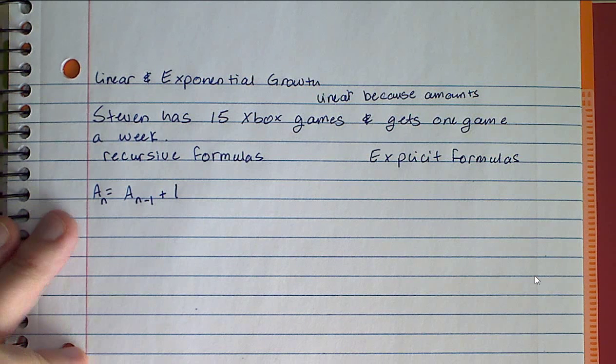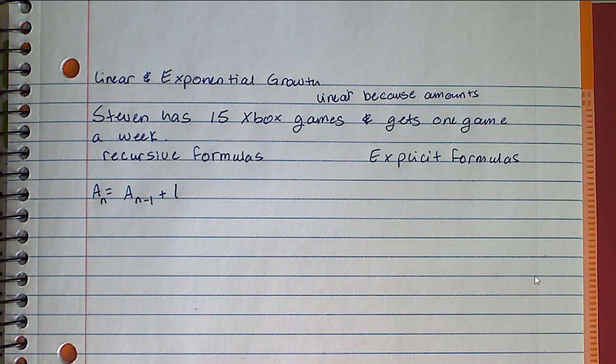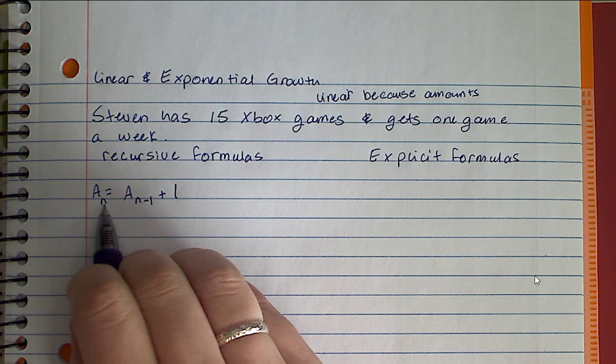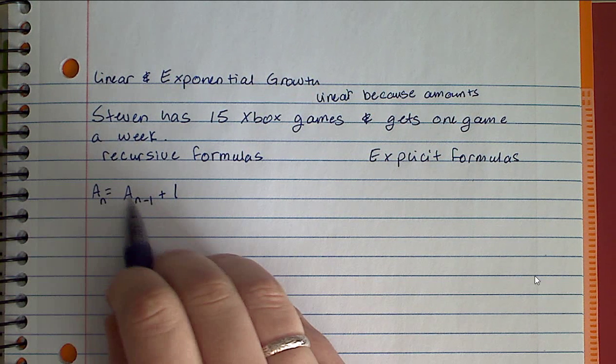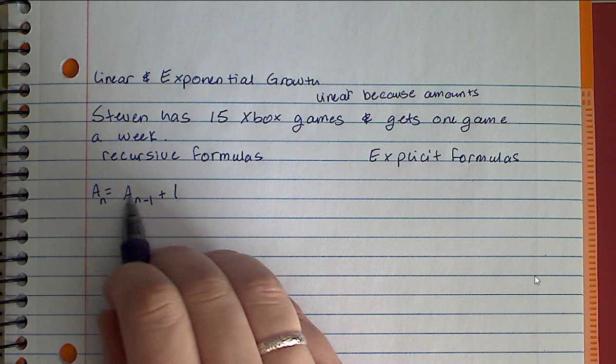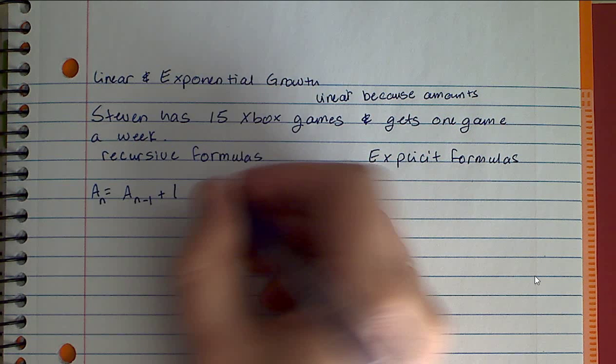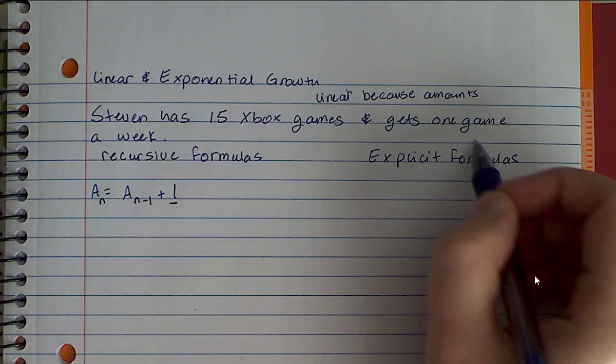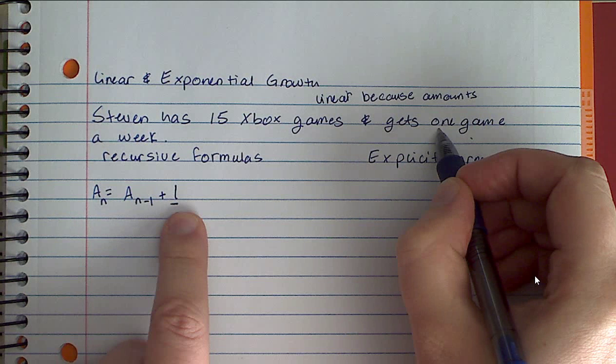This is called a recursive formula. So the amount of games he has now is equal to the amount of games he had at n minus 1, meaning a week before now, plus 1. And this plus 1 is because he's gaining 1 game per week. That's where the plus 1 comes from.